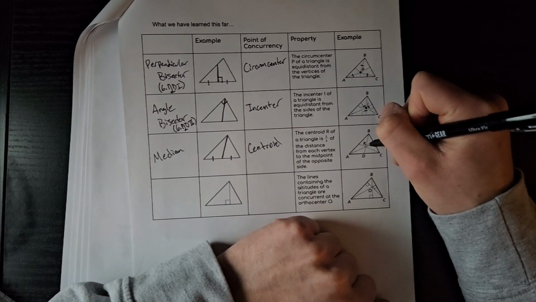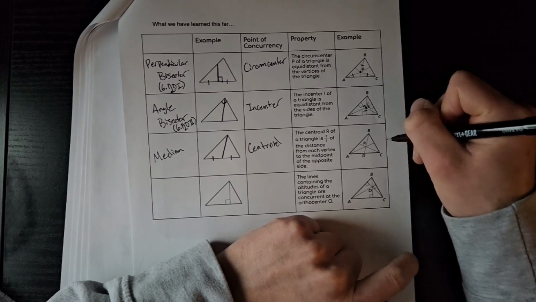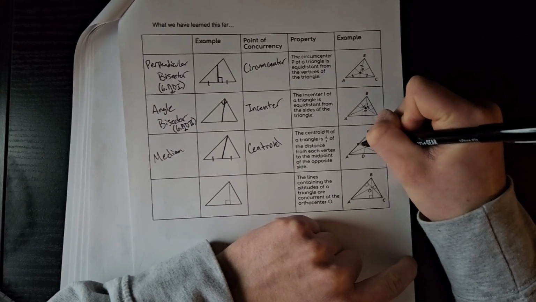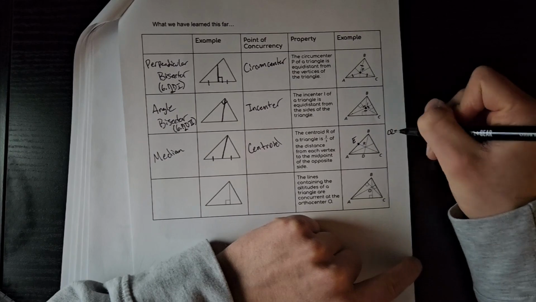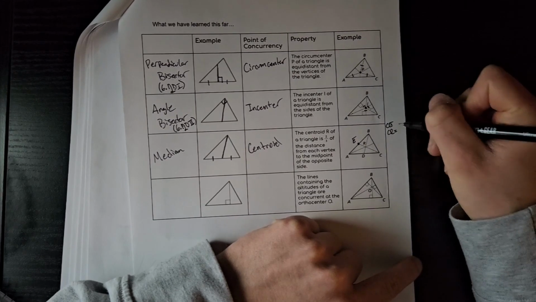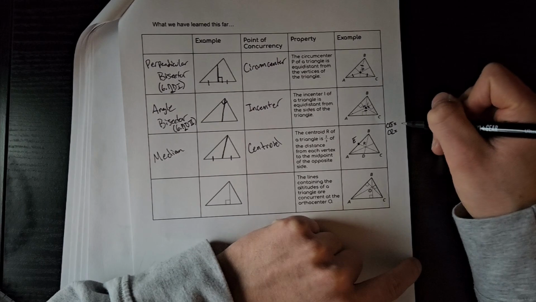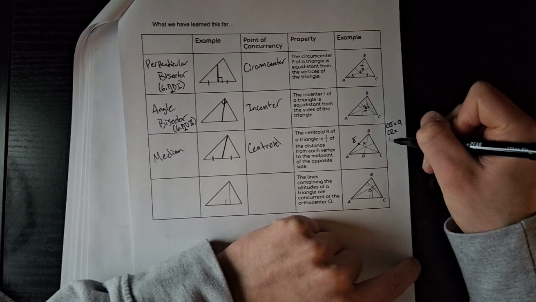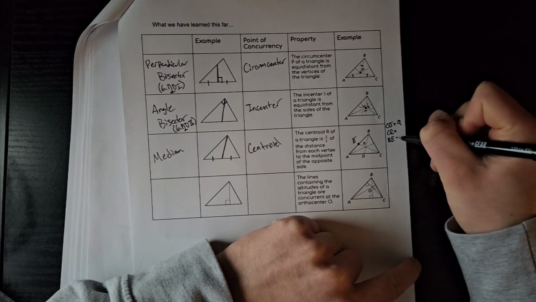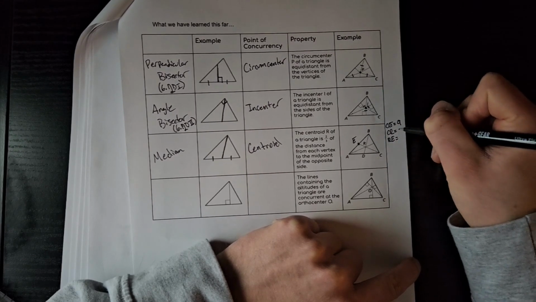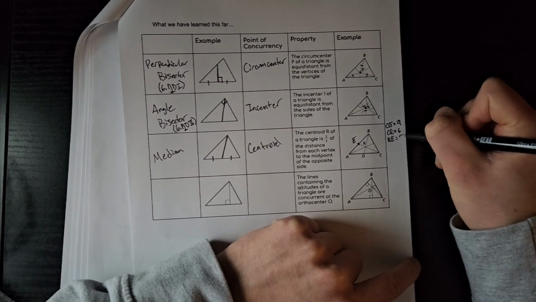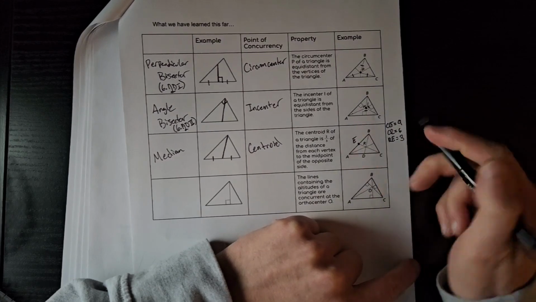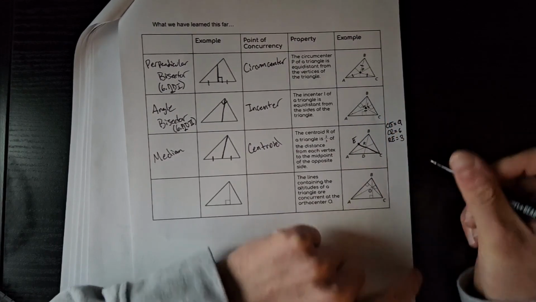So if I have, let's say, CR, let's call this point E. If I have CE equal to 9, that means we have the segments CR and RE. CR is going to be 6 and RE is going to be 3. That's what the lengths would be on this segment.